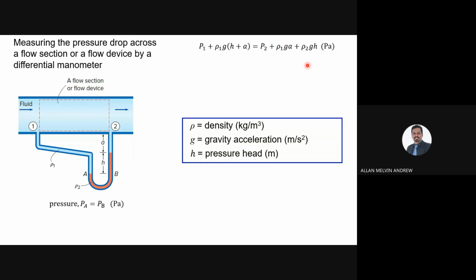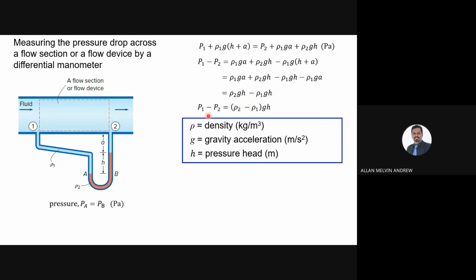Now we rearrange the formula. We can bring the pressures to this side because we want to measure the pressure drop, P1 minus P2. Then you rearrange all this, and at the end you will get this formula: rho 2 gH minus rho 1 gH.